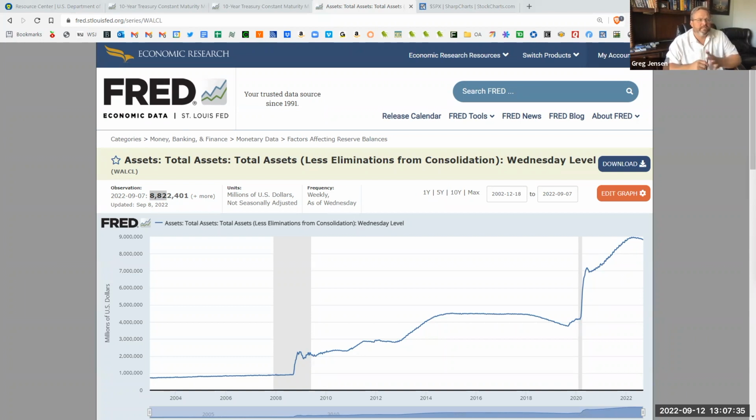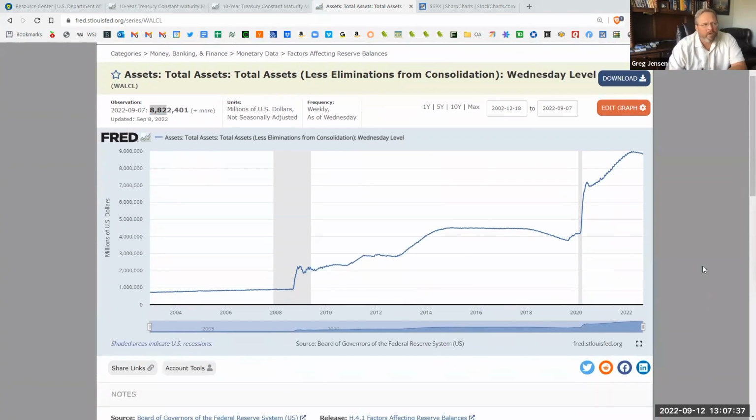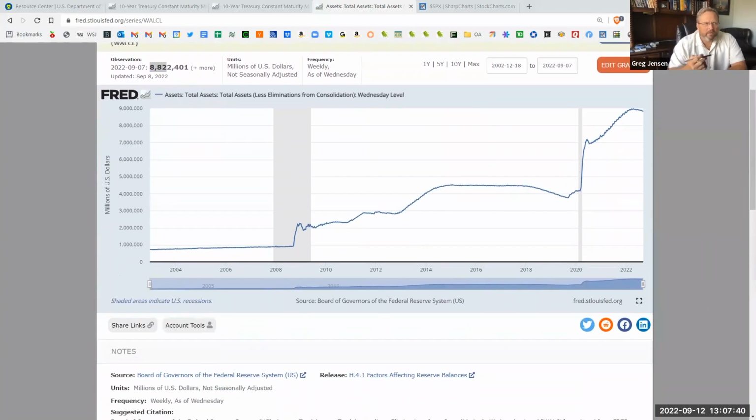On the correction in financial assets, let me just read you some stats today about our housing market. Houses are selling below their asking price for the first time since 2020. People are finally having to cut prices. Nobody's bidding prices up anymore on homes. They're coming down. Housing starts in July are down 19%.